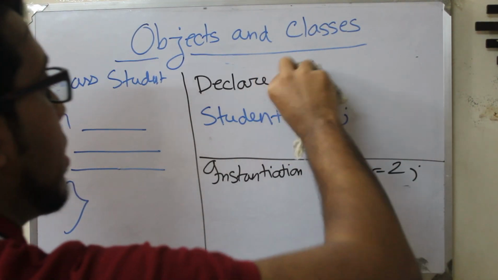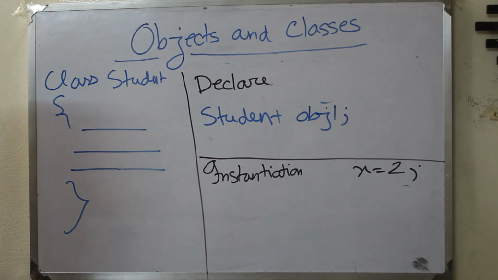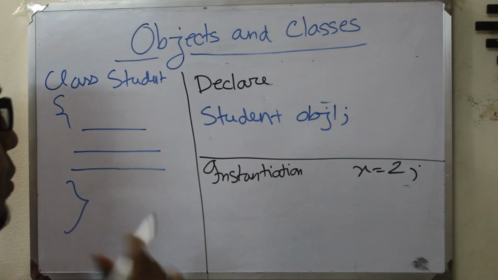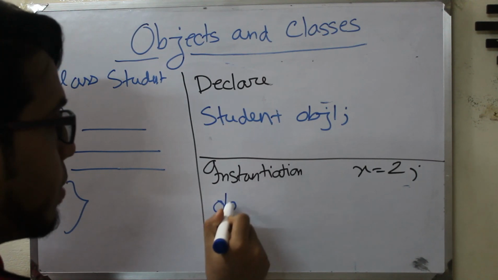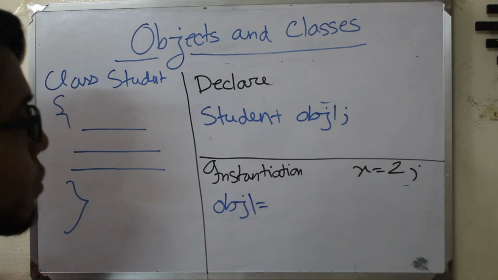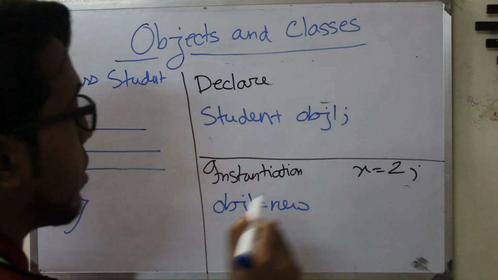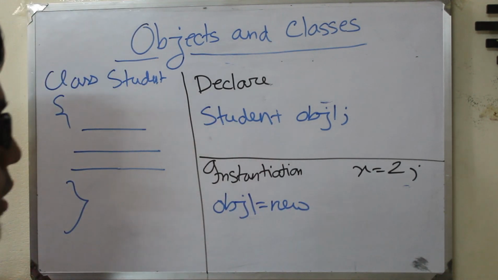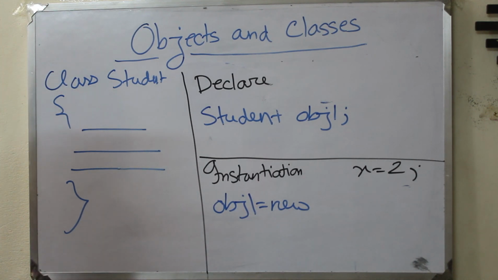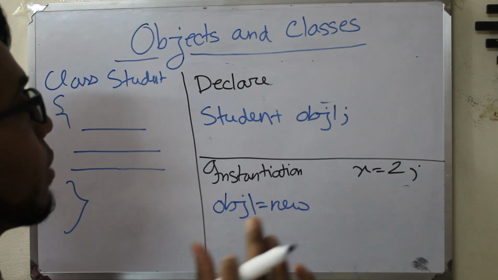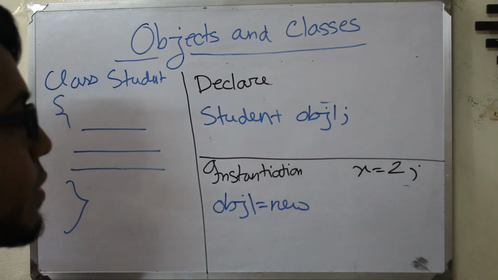After declaring it, we go to the instantiation. So here we write obj1 is equal to new. What do we write? New, we're going to create an object. That means we need to allocate a memory space for that specific object.